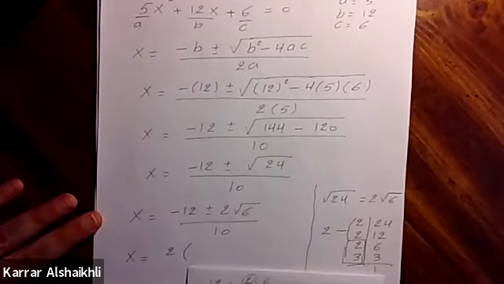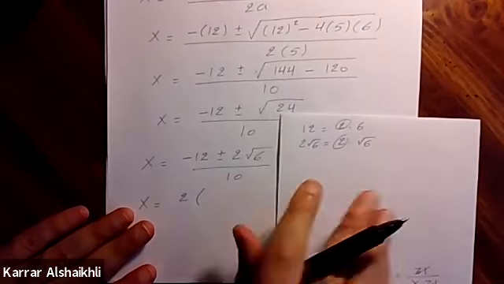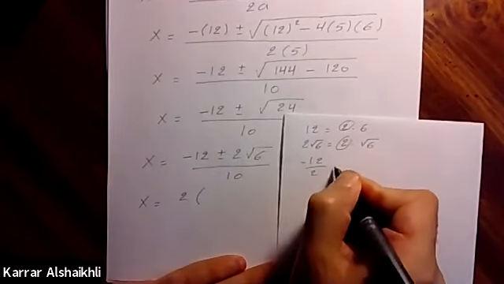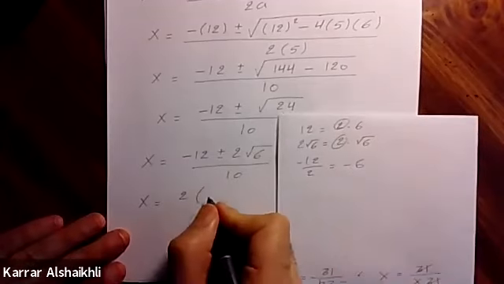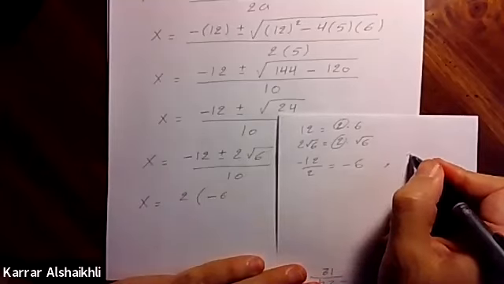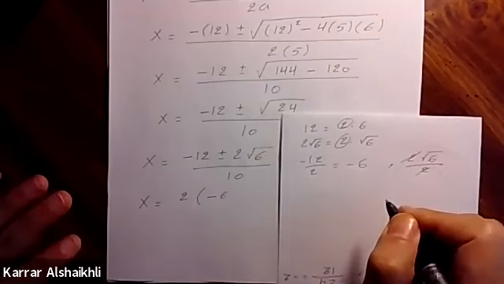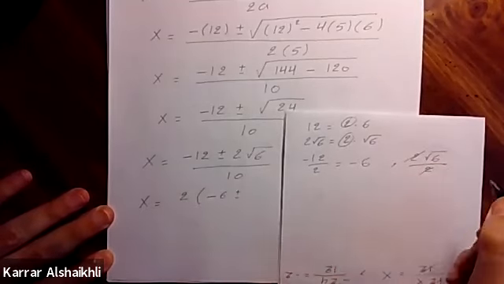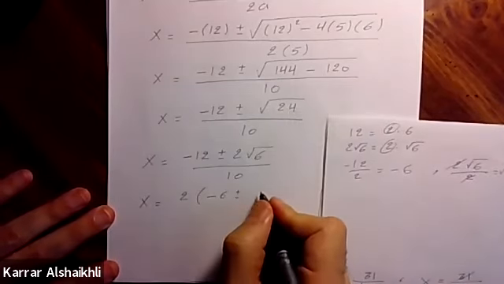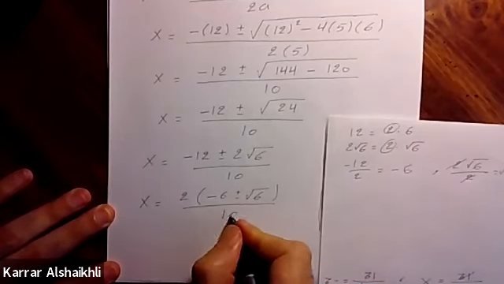Now we're going to divide. -12 divided by 2 is going to be -6, so I'm going to write down here -6. 2 square root of 6 divided by 2, cancel the 2, is going to be plus or minus just the square root of 6, over 10.